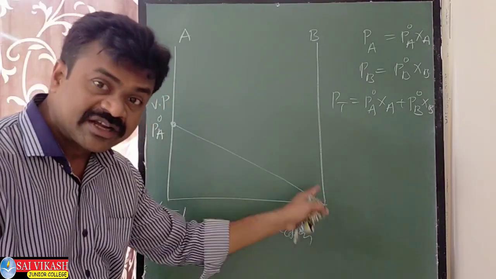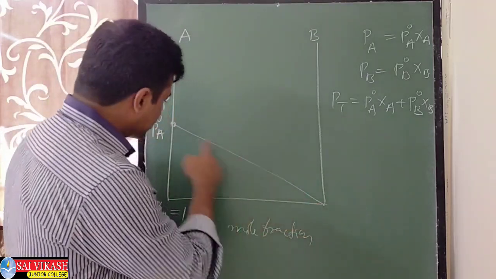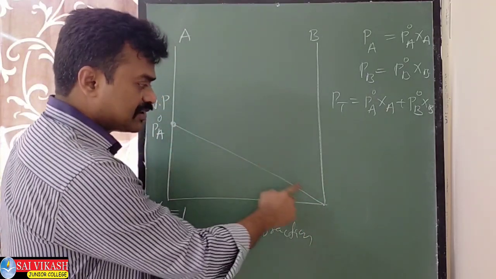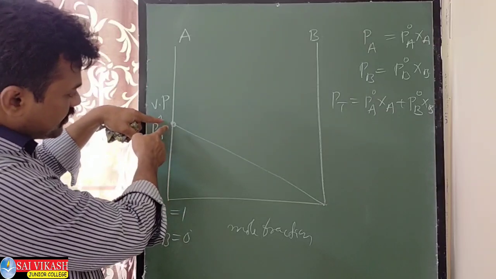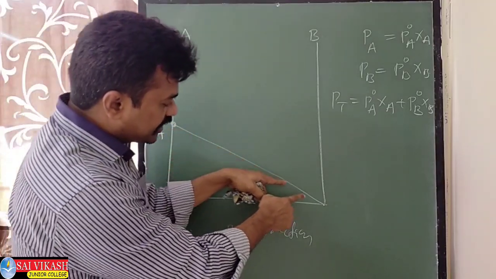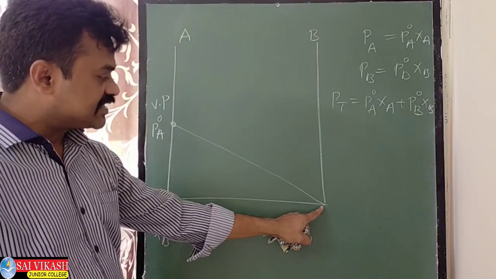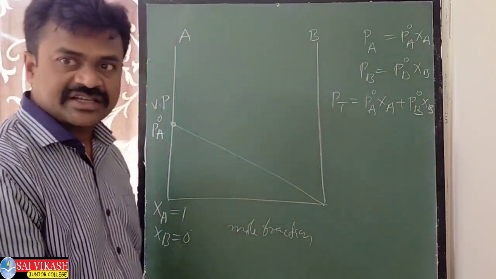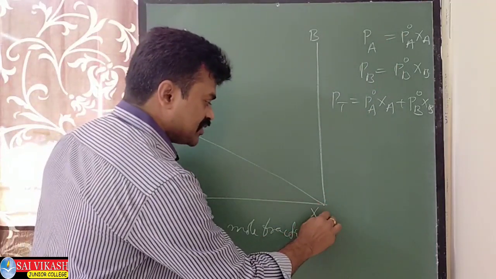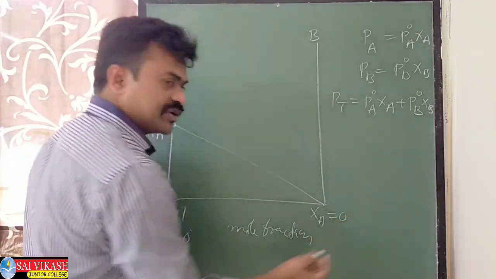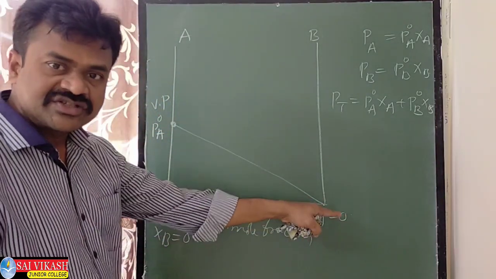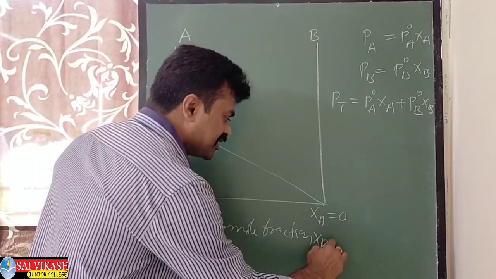Means at this point, the partial vapor pressure of A keeps decreasing until the XA value is 0. As the XA value is 0, here XB will be 1.